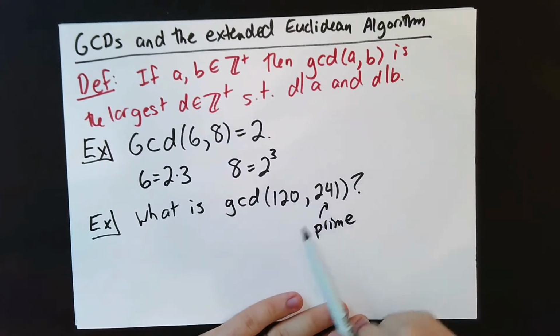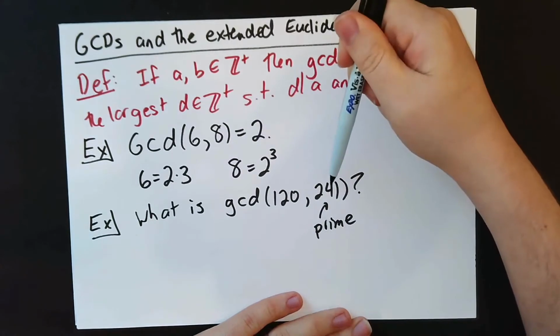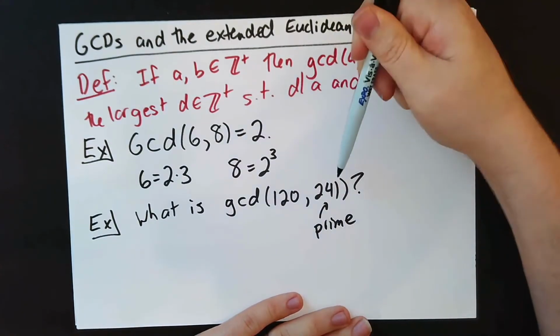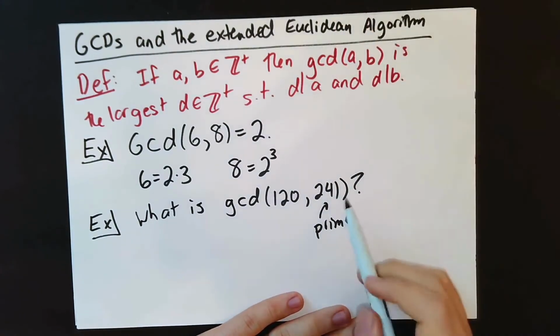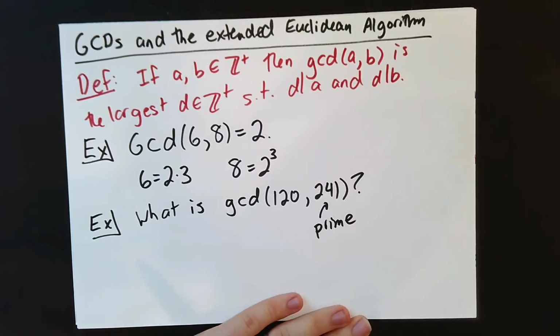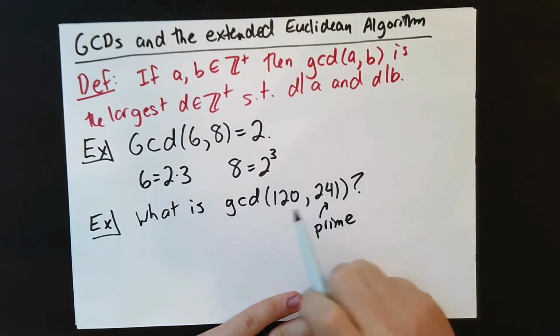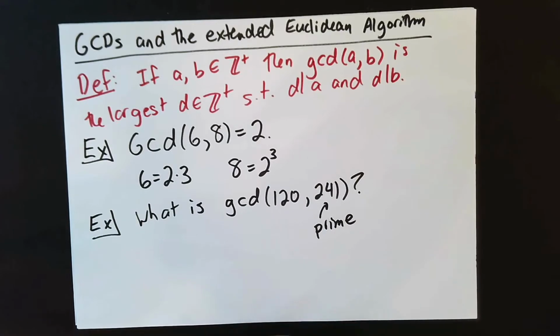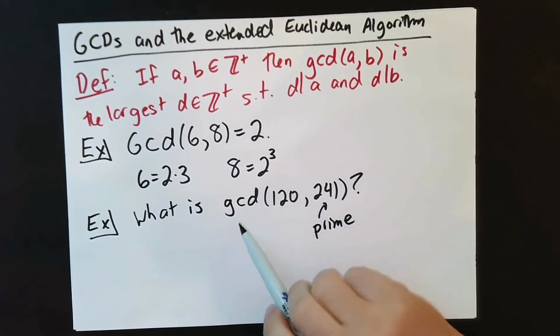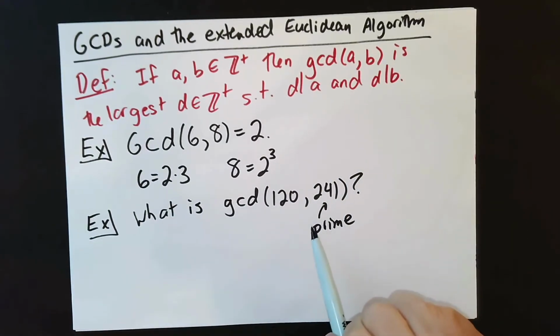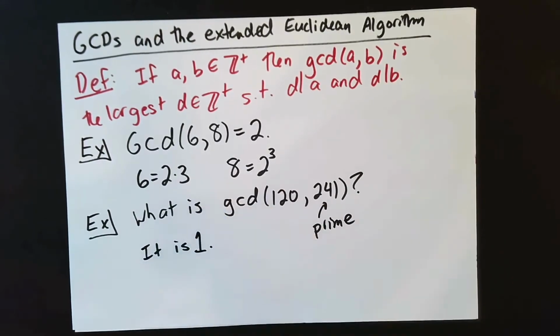Well, if 241 is prime, that means the only divisors it has are 1 and itself. But because 241 is larger than 120, 241 is definitely not a divisor of 120. And so the greatest common divisor of 120 and 241 is actually 1.